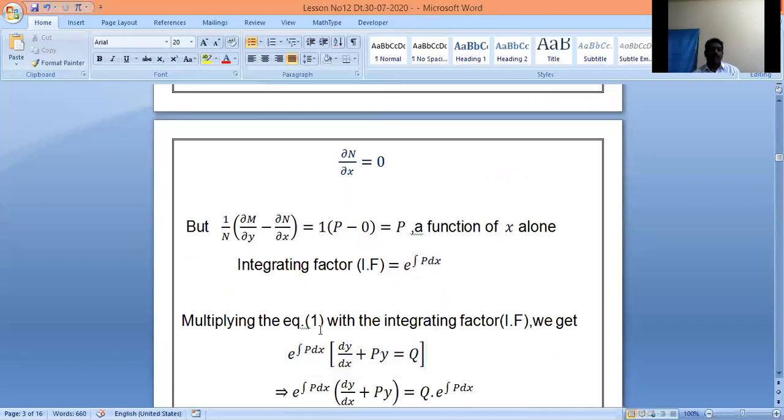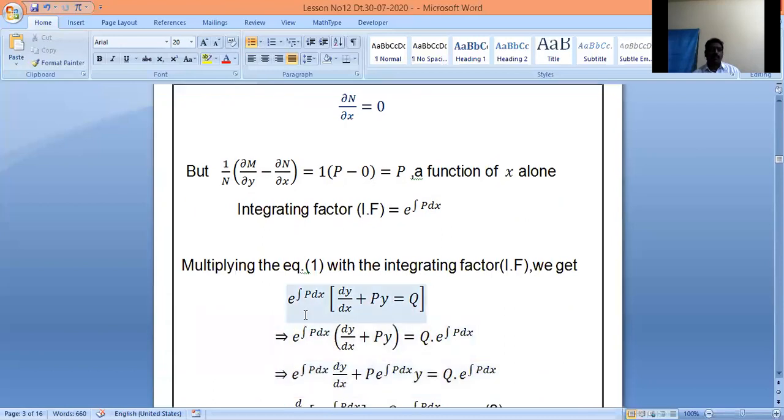Multiplying the equation 1 with the integrating factor, we get e power of integration p dx into dy by dx plus py is equal to q. That implies e to the power of integration p dx into dy by dx plus py is equal to q into e to the power of integration p dx.